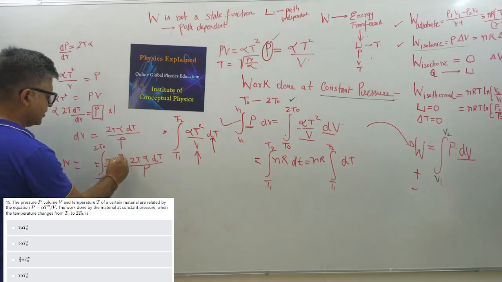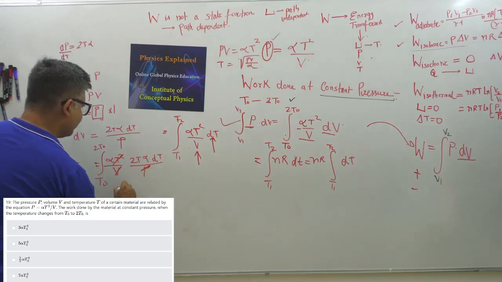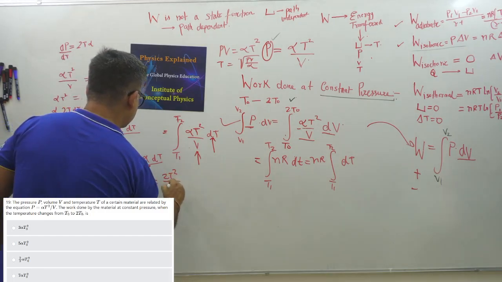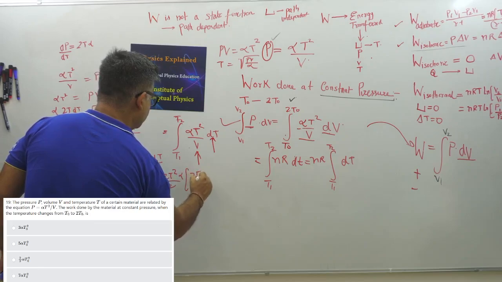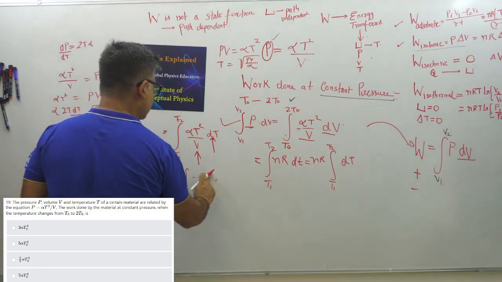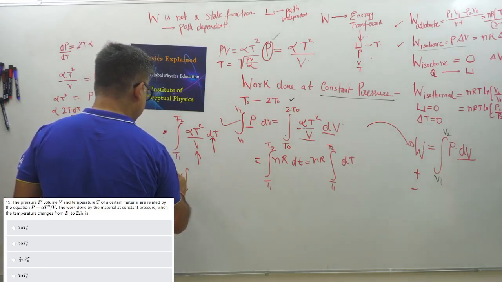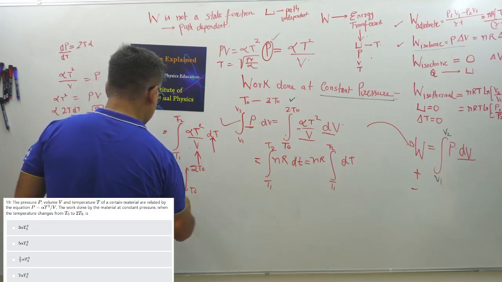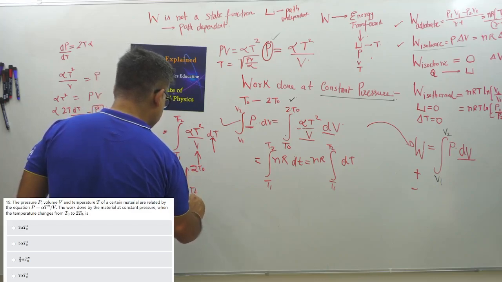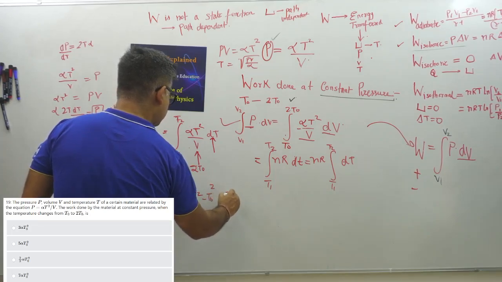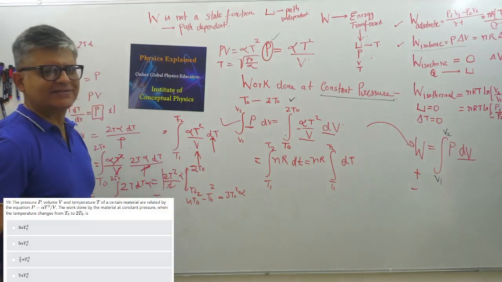So this is pressure, this cancels with this. So I am left with integral of 2T dT alpha, T naught to 2T naught, is equal to T squared. This is 4T naught squared minus T naught squared, which is equal to 3T naught squared alpha. This is your answer, right?